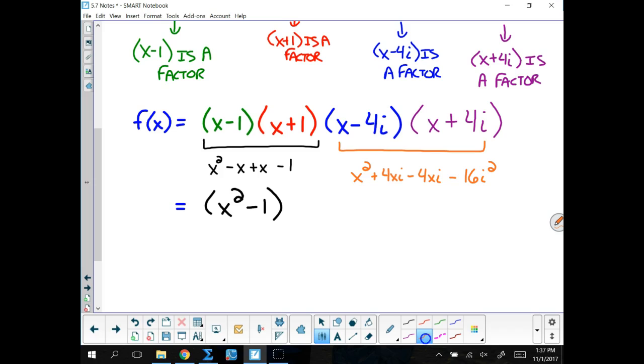Positive 16 here, because i squared is negative 1. Okay? So this becomes x squared plus 16.